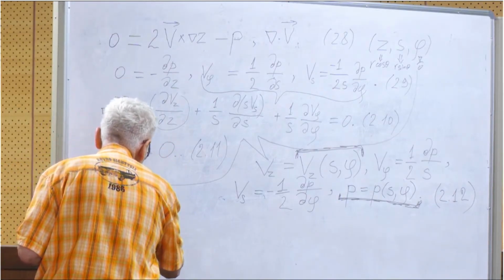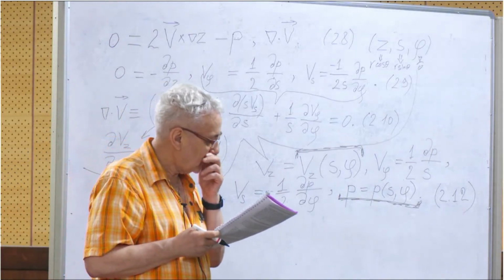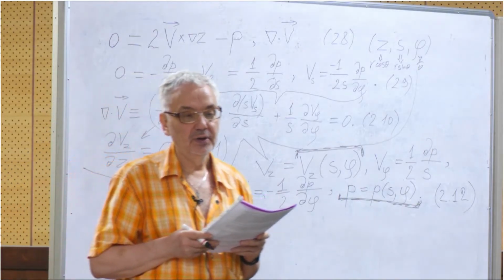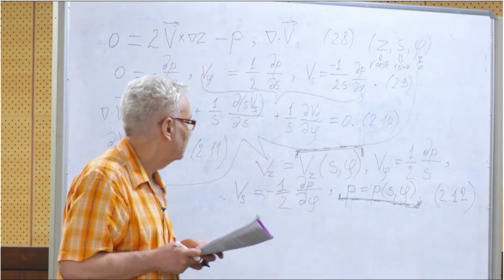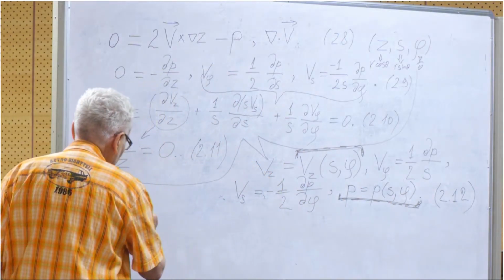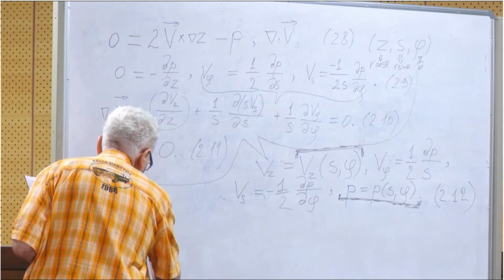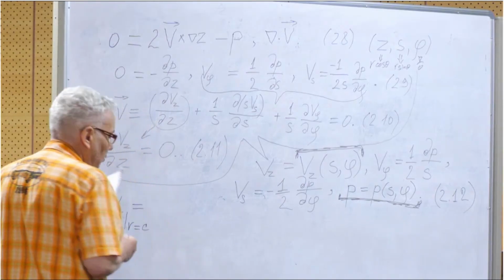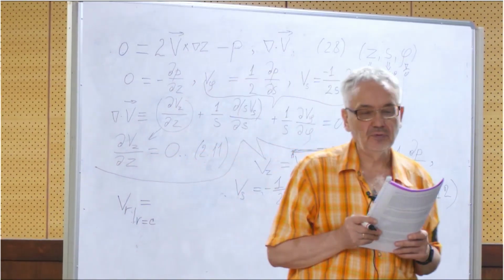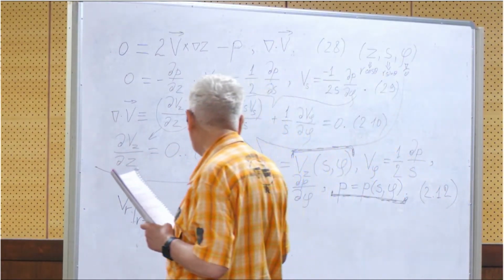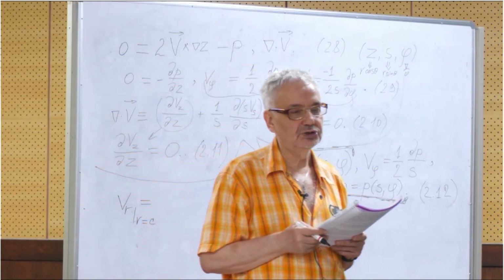As maybe you remember, we normalized the size with the radius of the inner core. So the outer core will have the dimensionless radius, which was specified by C. We did that before. And it's, of course, greater than 1. For the Earth, this is about 3.